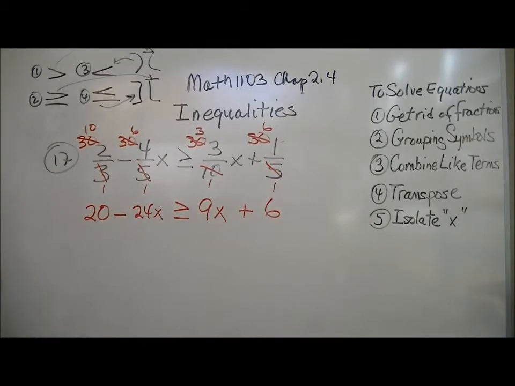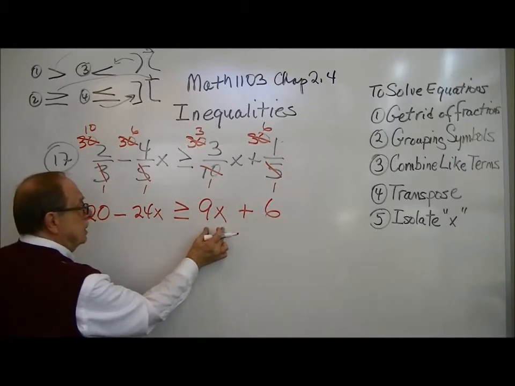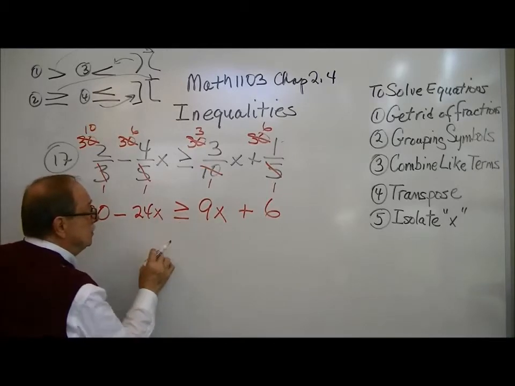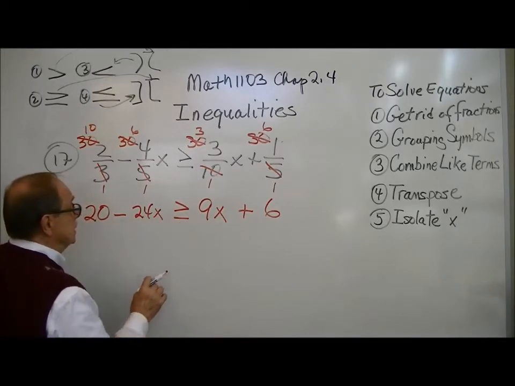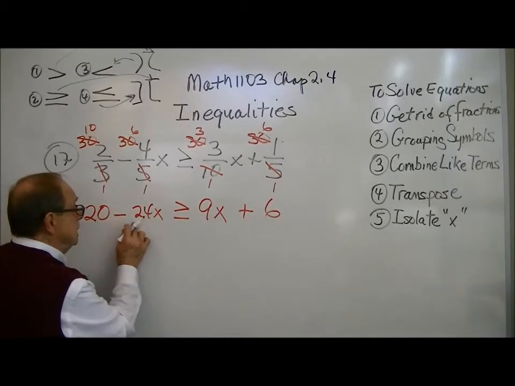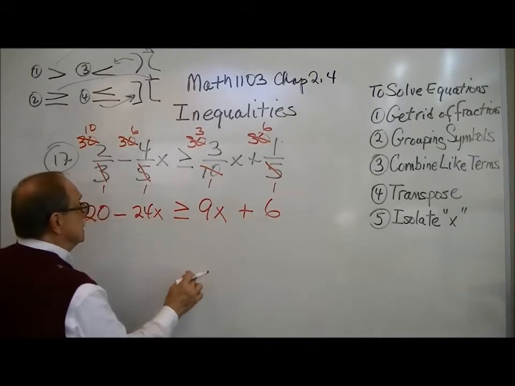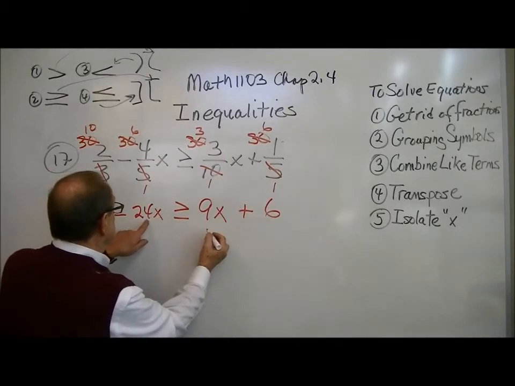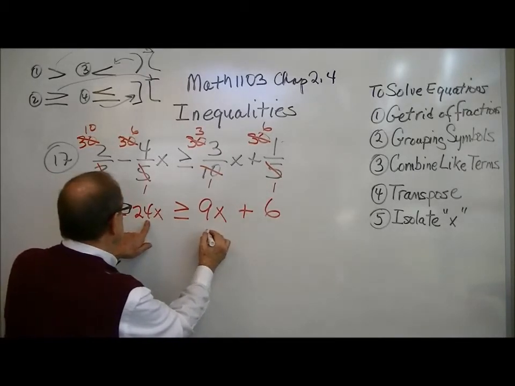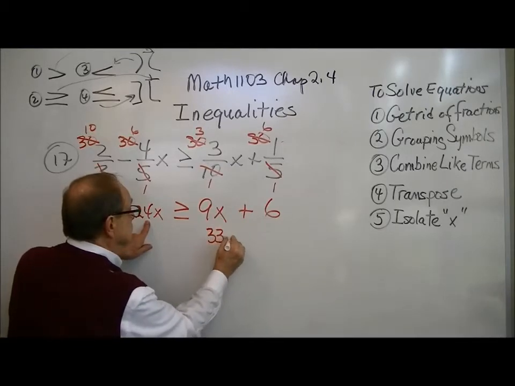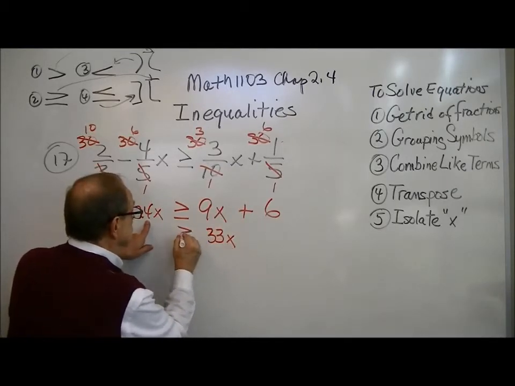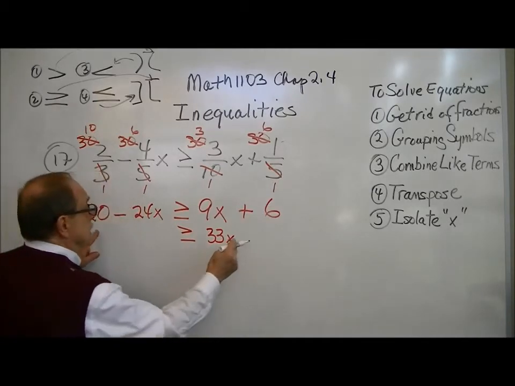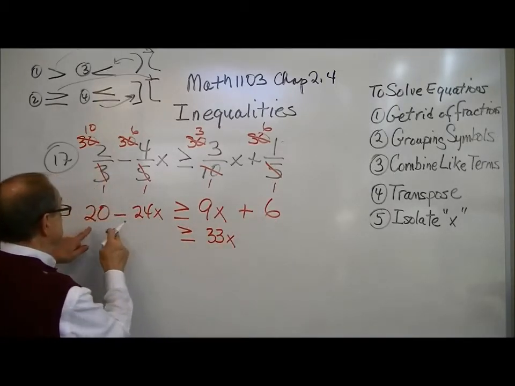Now what we want to do, another hint, is to try to keep your variable positive. If that's positive, you don't have to reflip that sign at all. So we're going to bring this negative 24 over to this side, and that's going to give us a 33x. I'm going to bring this 6 over to this side.